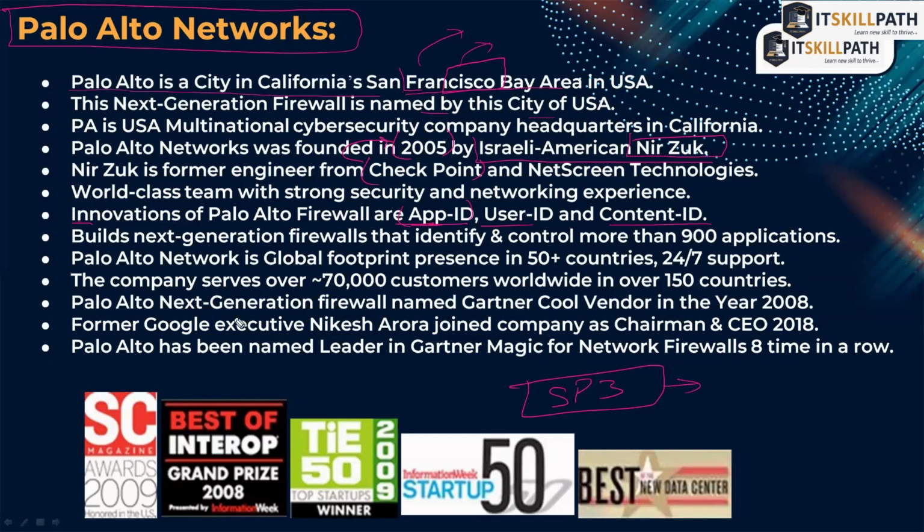Why is it the most popular? Almost 70,000 companies are using Palo Alto in over 150 countries. And it's user friendly. One minute, let me share one article with you guys.